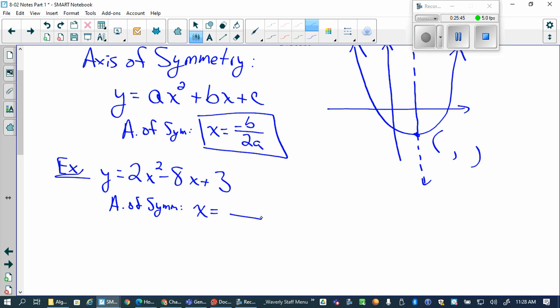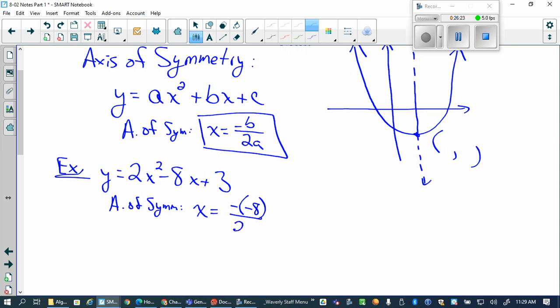Negative 8. So what should go on top? I thought it was supposed to be negative b. Negative and then parentheses. Right? It's negative b. So you put the negative 8 in front of b, which is negative 8, so it's negative b, so negative negative 8, right? Don't make that mistake. You guys get me, right? You understand that? Just because it's already negative doesn't mean you ditch the negative from the formula, right? All over what?